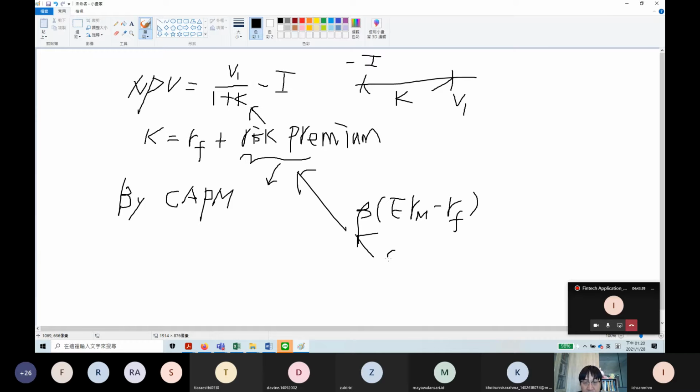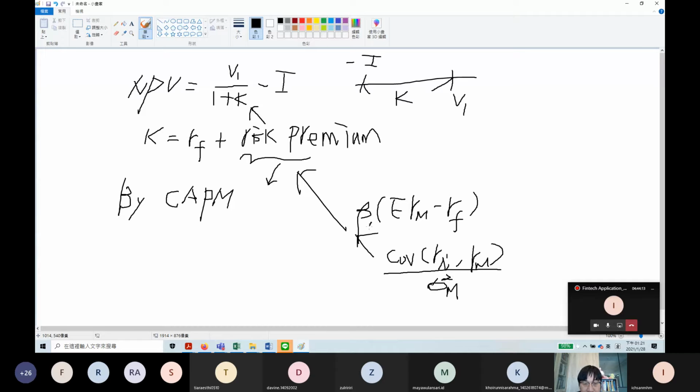Beta is defined as the covariance of security i's actual return, or its correlation with the market return RM, divided by the market volatility, the standard deviation of M squared.